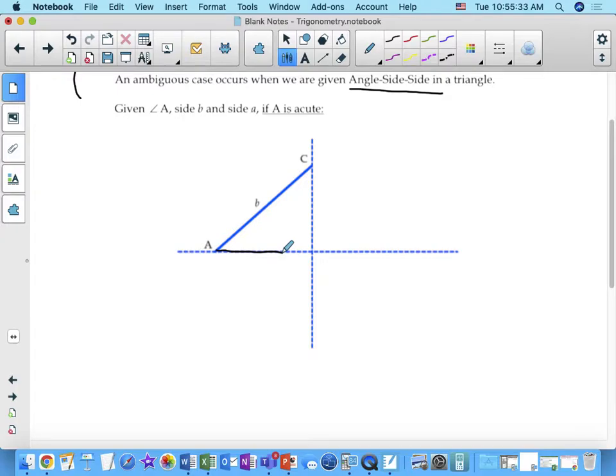We know the length of side A. And the idea is that this side A could hit there, but it could also sort of swing around like this and hit over there as well.